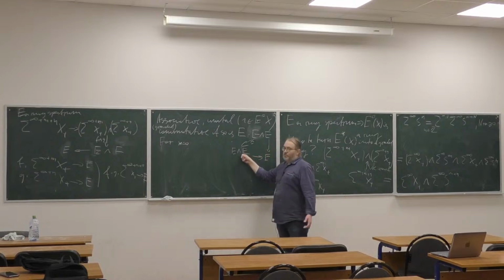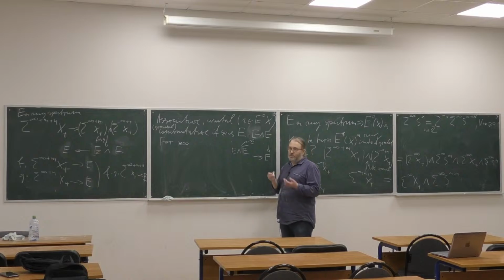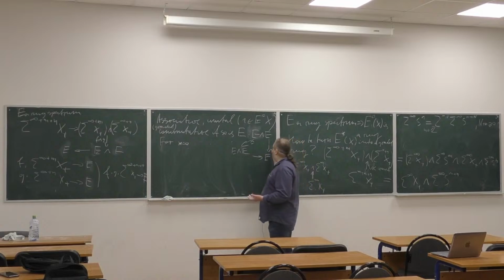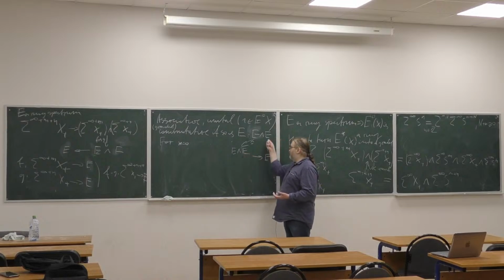So we have an isomorphism between A wedge B and B wedge A. Well, let's use this isomorphism for A and B both equal E. So there is the commutativity isomorphism between E smash E and itself. And we require that after we apply the product, we get a commutative diagram.